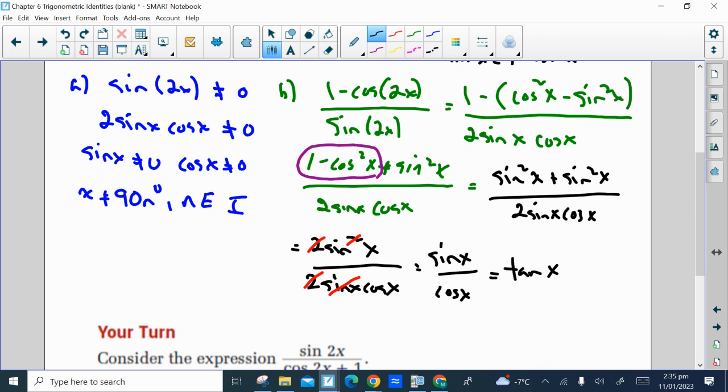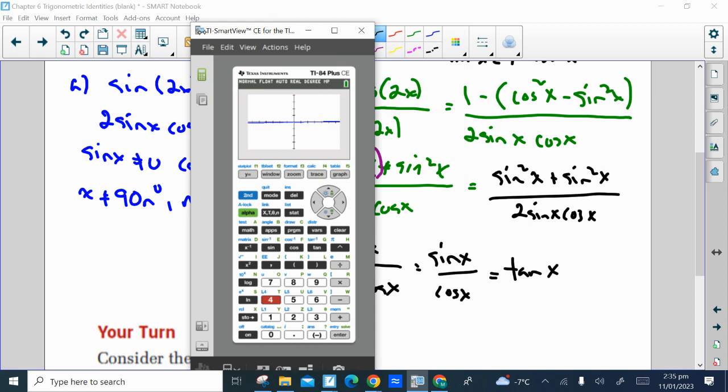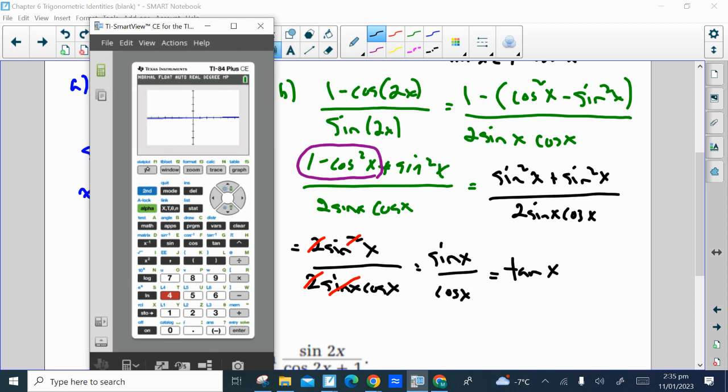So that means the graphs should be the same. The one that we started with, which I already have in my calculator, I just need to change my windows back to what I had them at before. So when I graph it, there's that one back again.